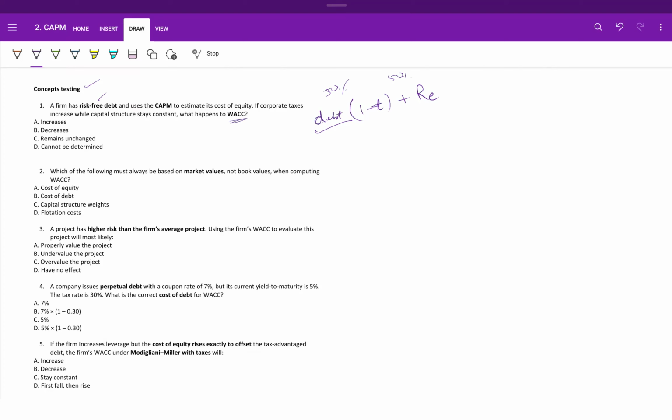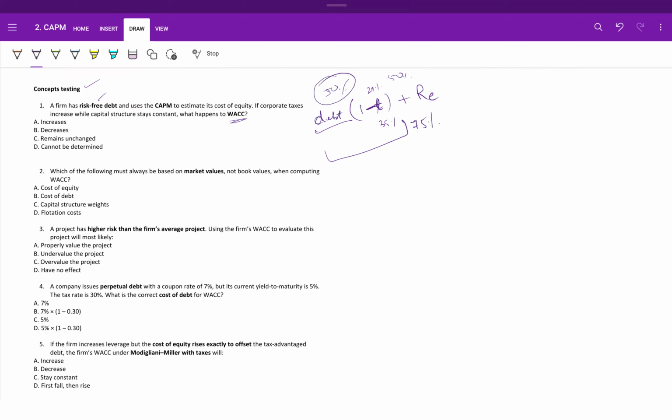The corporate tax rate is increasing. Initially, say it was 25% and now it's 35%. So initially, the 50% debt portion was calculated using only 75% of that 50%.